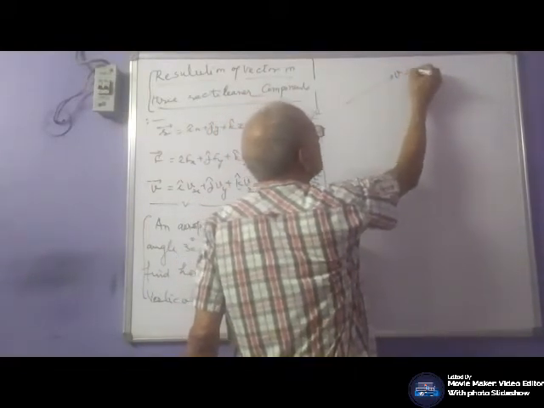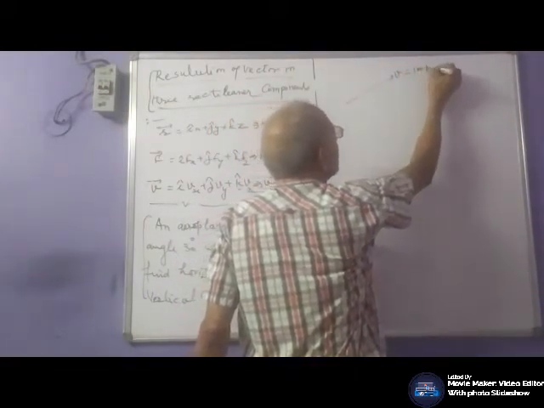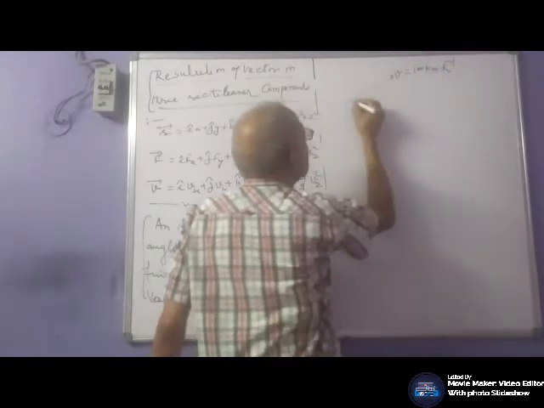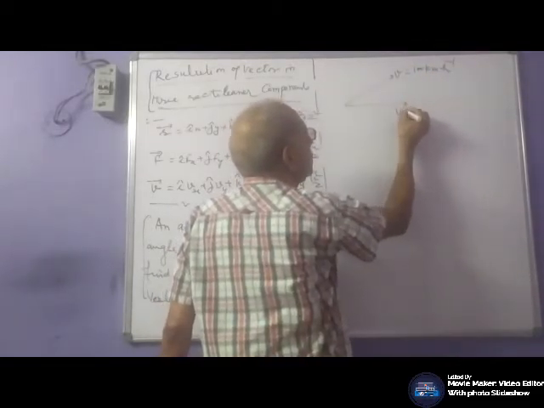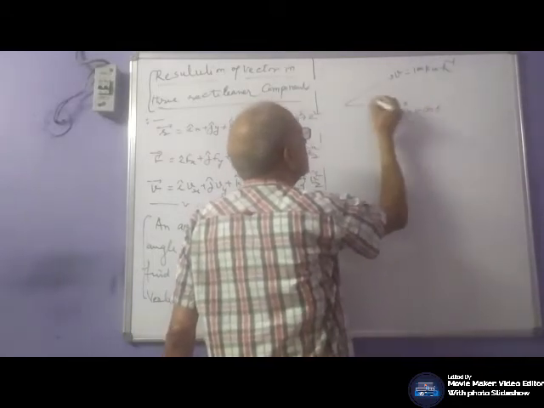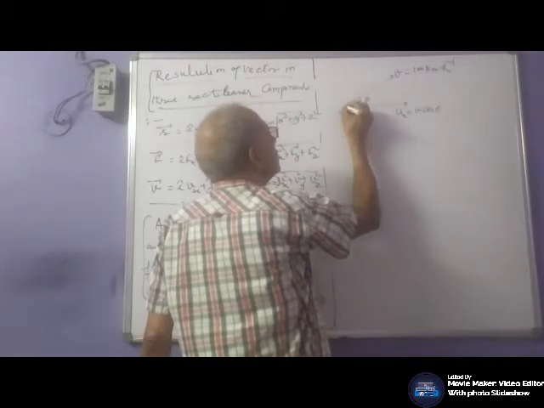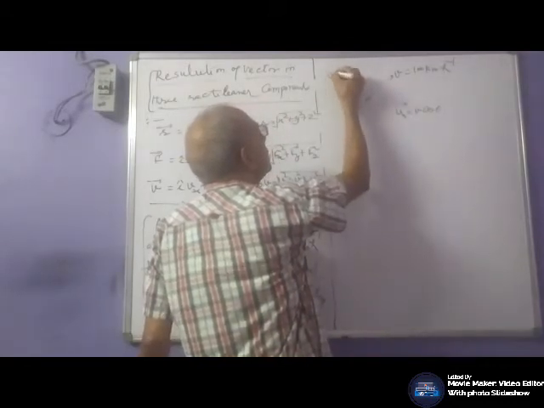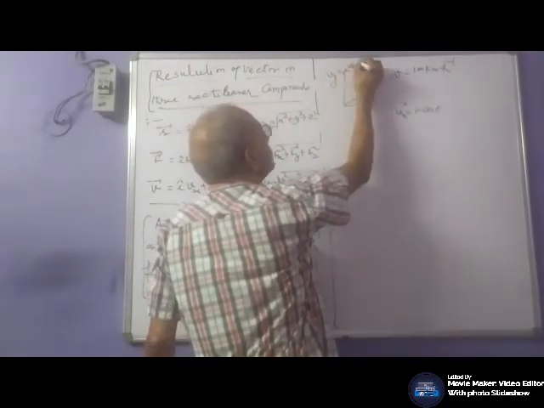This is V, 100 km/h. This is Vx, the horizontal component. V cos theta, this is theta. This is Vy, it is V sin theta.